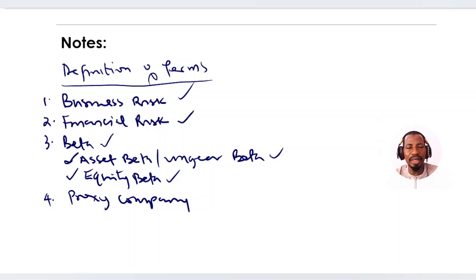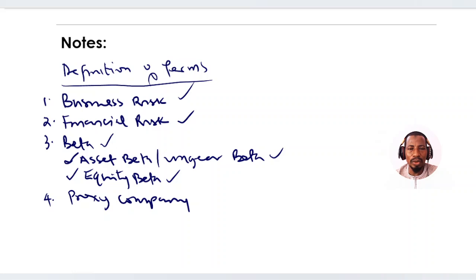A proxy company is a comparable company that operates in the industry where a company is moving to. All right. Say, for example, you have company XYZ PLC that is into communication business. This company is now diversifying into oil and gas. So as the company is moving to oil and gas, and there's a project for the company to undertake in oil and gas, the existing work of the company in the communication business cannot be used to appraise projects in the oil and gas.